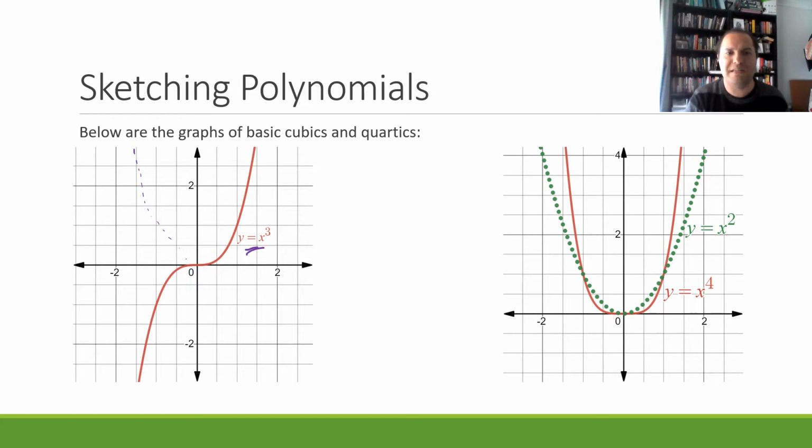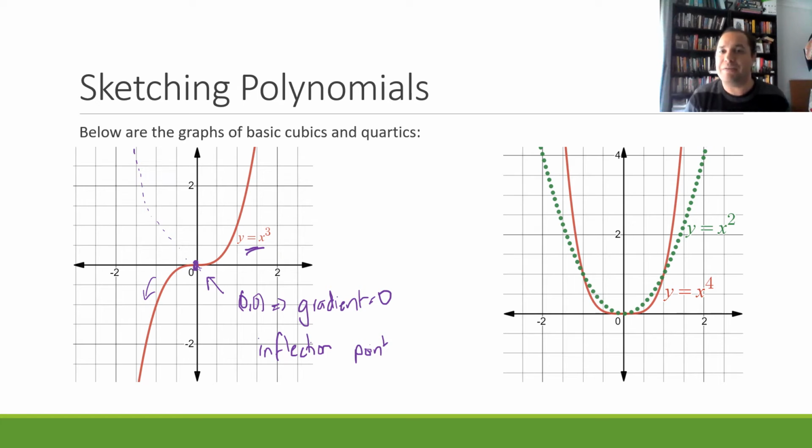This point here, that's at the origin, 0, 0. It's got a gradient of 0, so it flattens off. And we call that point an inflection point, smack bang in the middle of our cubic there.